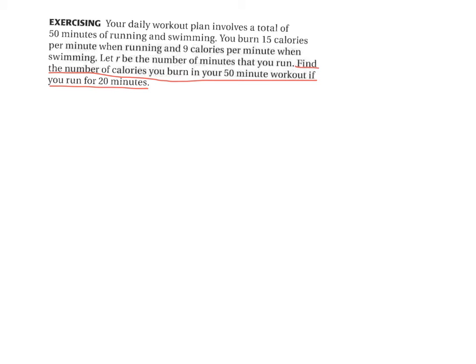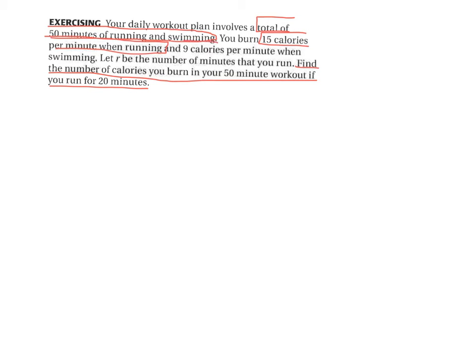Now I'm going to box the information I think I need. I know I need a total of 50 minutes of running and swimming. So that gives me the total amount of time. You burn 15 calories per minute when you're running. Need to know that.